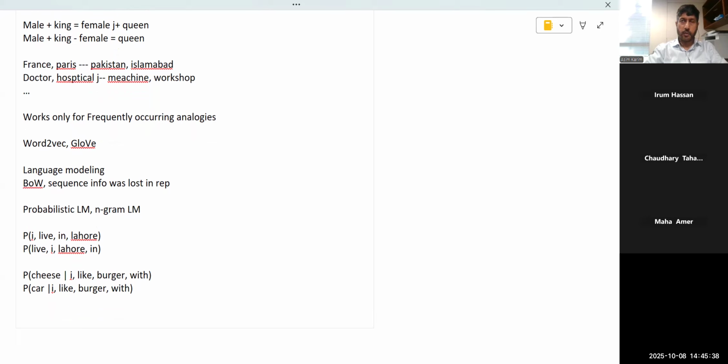So let's say what we are interested in: we want the probability of some sequence of words W. That is, the probability of W1, W2, W3, ..., Wn. Let me just use n for the notation.